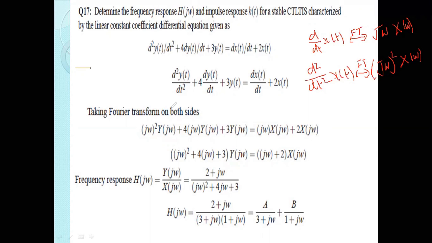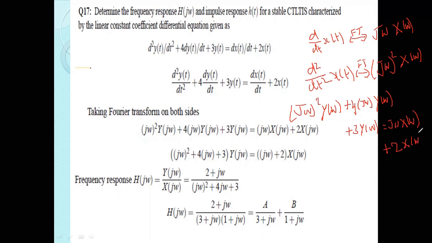Okay, my dear students. So for the first one, j omega whole square into Y of omega, plus 4 into the derivative of y of t, which is j omega into Y of omega, plus 3 into Y of omega is equal to d by dt of x of t, meaning j omega into X of omega, plus 2 into X of omega.